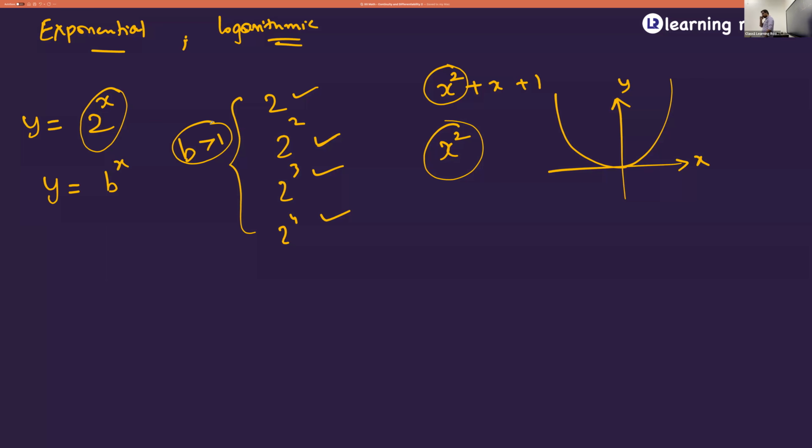So go to your textbook, go to definition number 3. What is the page number? In page number 126, there is a definition given, right? So what does the definition state?